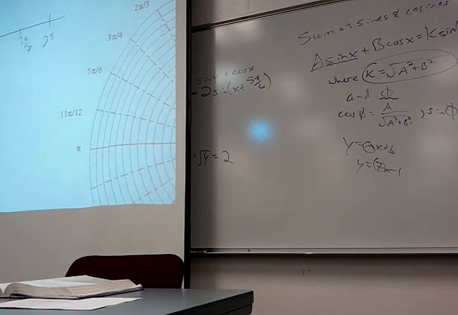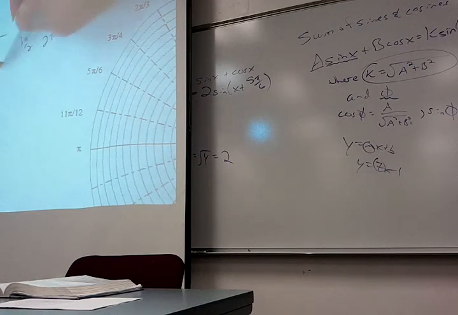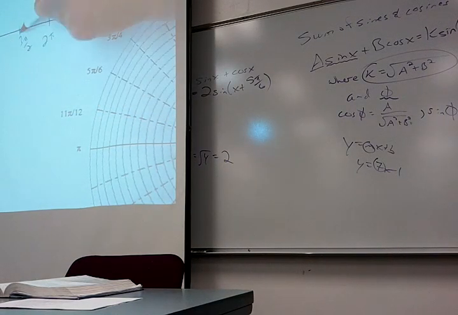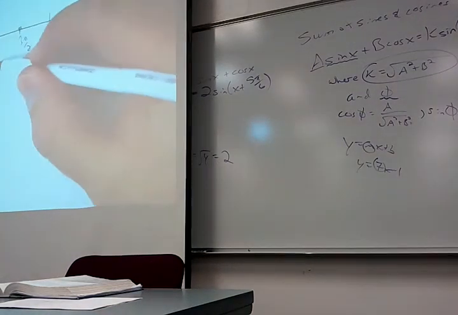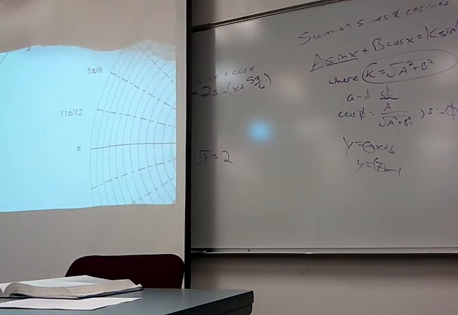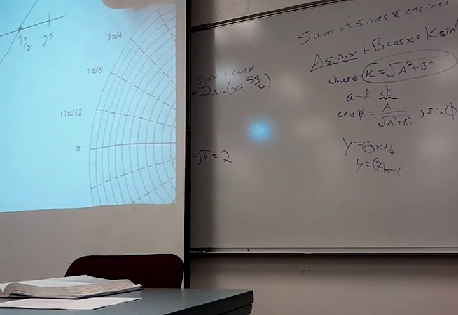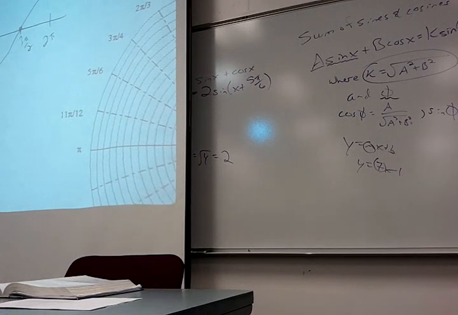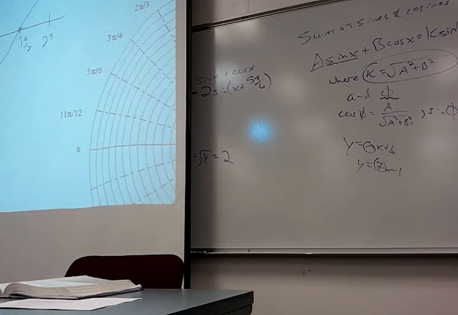So it starts at maximum, goes to 0, then goes to minimum, then goes back to 0, and then goes to maximum. All right, cool. So this is basically what that looks like in this coordinate system. Why do you know it goes to minimum? Because of the amplitude. All right, so that's what that bad boy looks like.